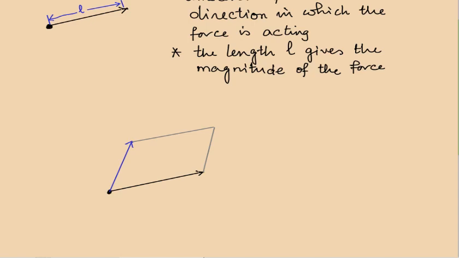Okay, if we could complete this parallelogram, then it would be in this direction along the diagonal that the force would finally resolve to. So this is the resultant. This is often called the resultant force.